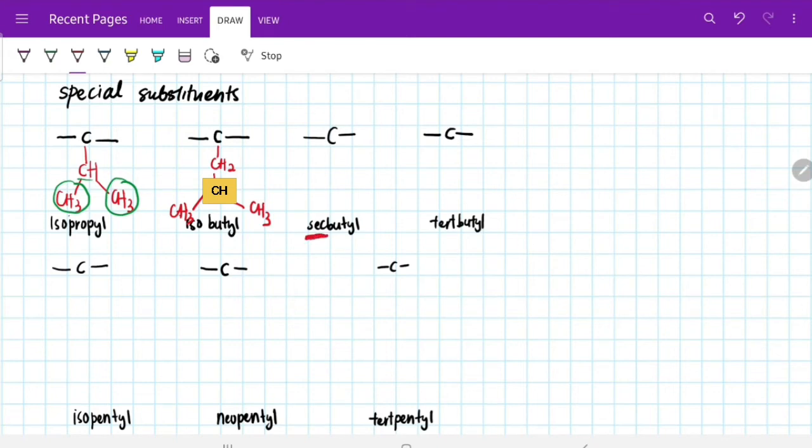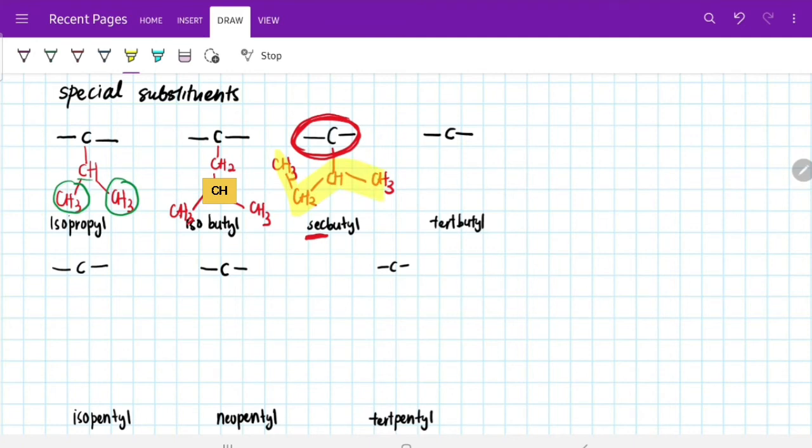When secondary, that means the parent chain is attached to the secondary carbon of your substituent. So we have here CH, then CH3, and then CH2 and CH3. That is your secondary butyl or sec-butyl.